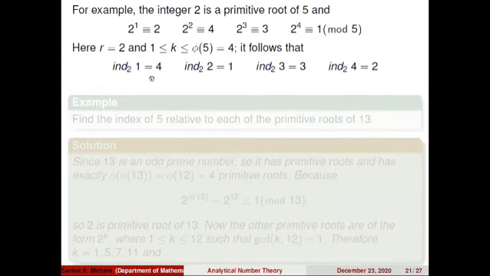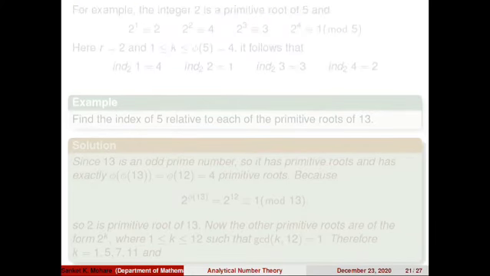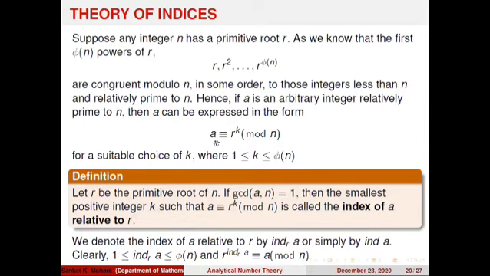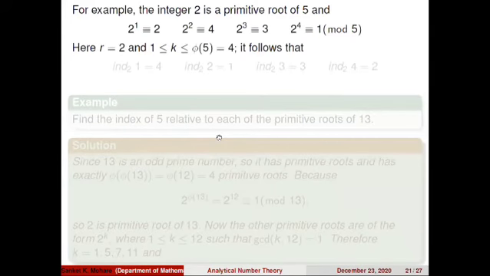It follows that now we calculate the index. Okay, how to calculate the index? Now look here, is it visible? A is congruent to R to the power k, which is the same as R to the power k is congruent to A. So R to the power k1 is congruent to 2, R to the power k2 is congruent to 4, R to the power k3 is congruent to 3, R to the power k4 is congruent to 1.